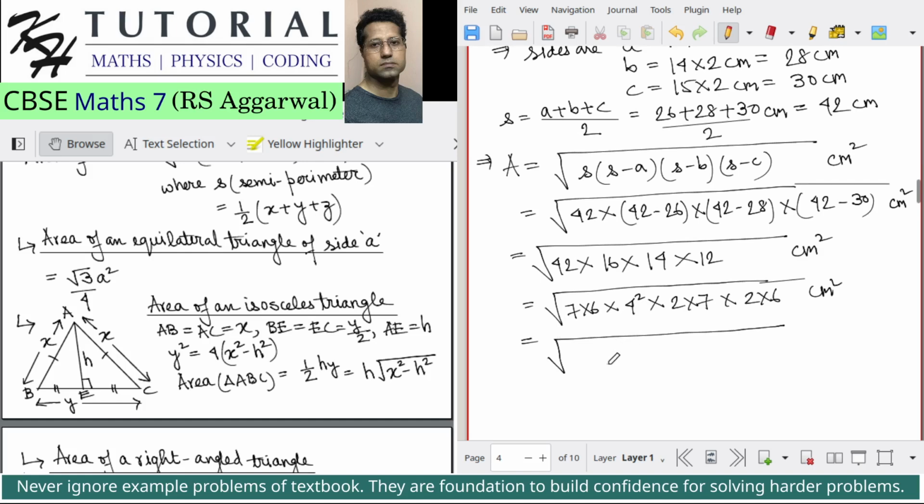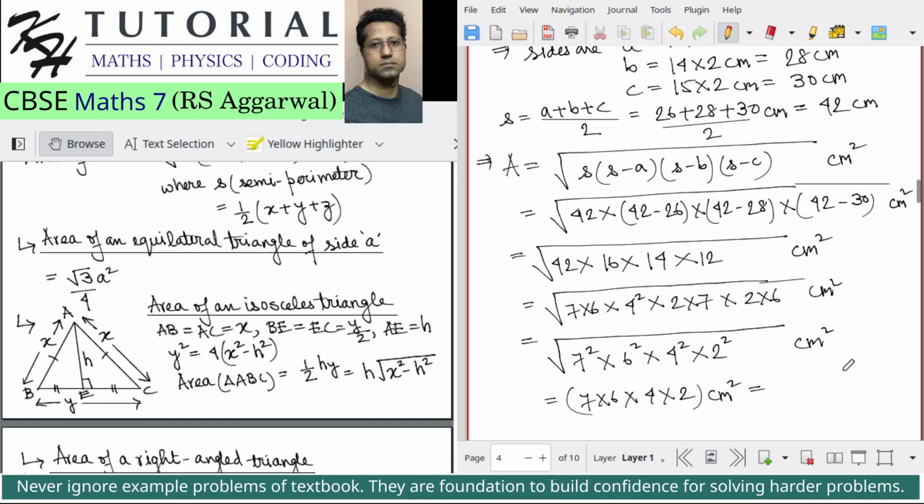We have 7 into 7, which is 7 square. We have 6 into 6, 6 square. We have 4 square, and we have 2 square. So this is equal to 7 into 6 multiplied by 4 multiplied by 2, this much centimeter square. This is equal to 48.